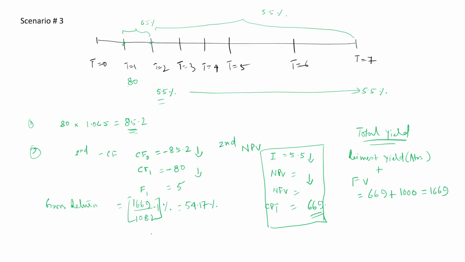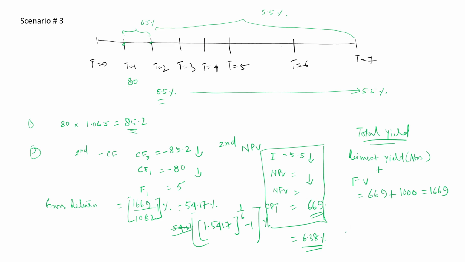And if you take the annualized return for it, all that you need to do is simply compound 54.17%. Just do 1.5417 to the power of 1 by 7 minus 1, and whatever it comes, just take the percentage of that. And once you do the math, this will give you a yield of 6.38%.